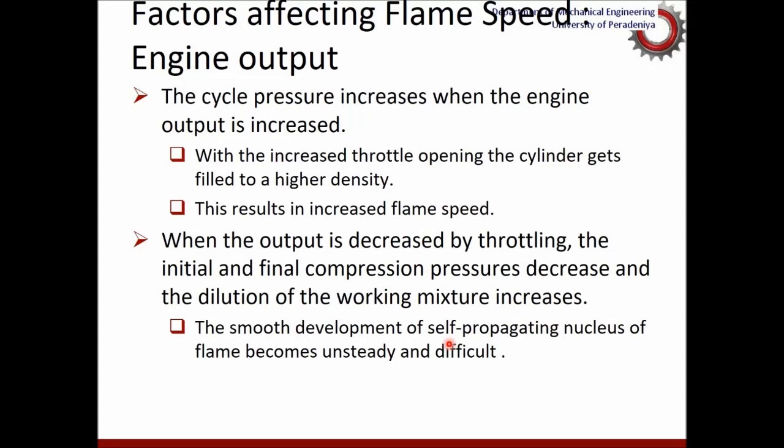And of course, sometimes you may have noticed under idle conditions, you will feel more vibration of the engine, or sometimes the engine misses.